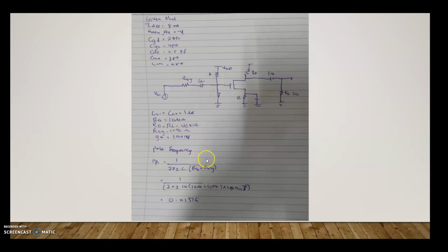So first we need to calculate the pole frequency. The formula is 1 over 2 pi C1 times RG plus RSIG. After we key in all the values, the answer is 0.01561.